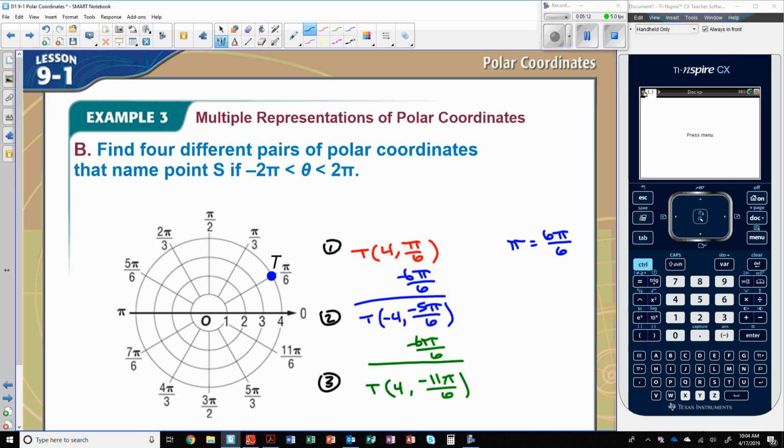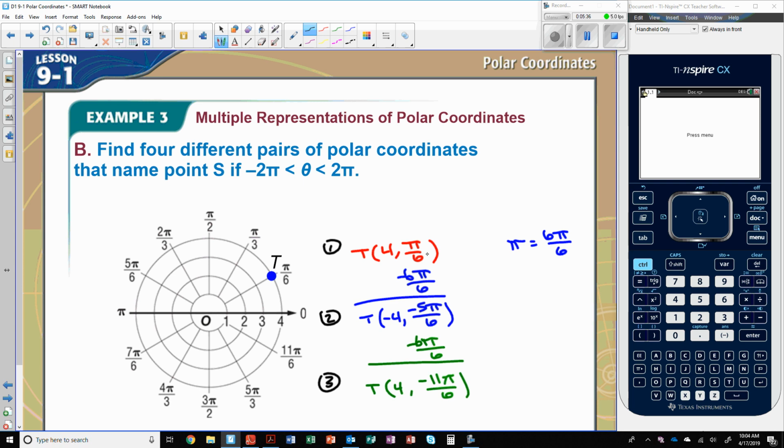Now, I observe something different this time. I already have my two negative values. That is almost negative 2 pi. That's the limit here. I've got to be greater than negative 2 pi. I'm almost at that. So instead of subtracting another pi over 6, I'm going to go back to the very start and say, oh, for the fourth one, I must add 6 pi over 6. I've already done the subtracting, and I've got to my limit. I have my two negatives.